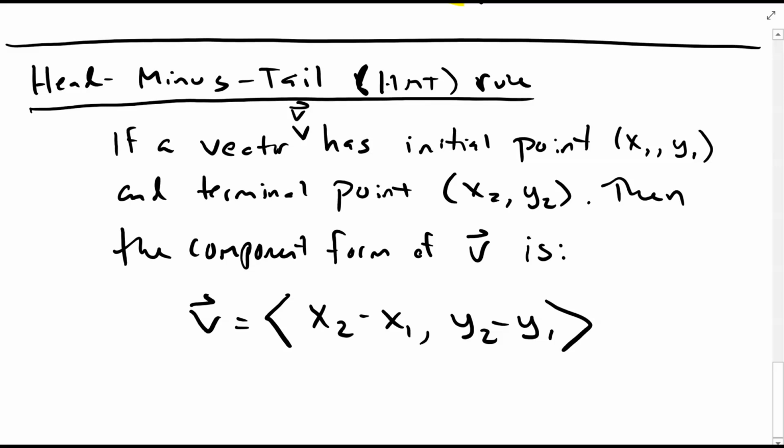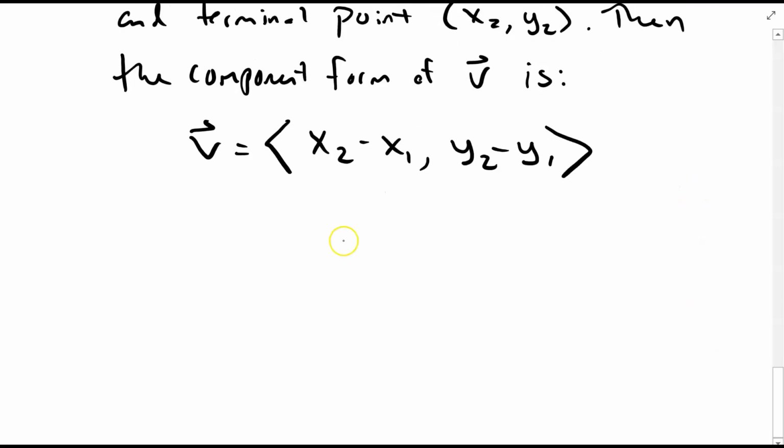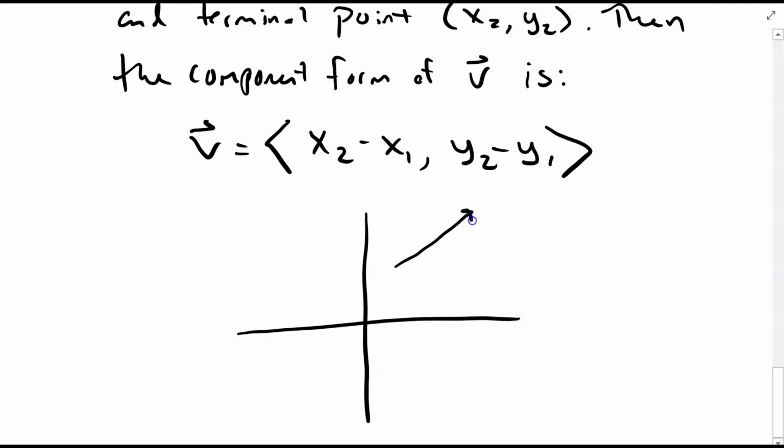So what are we really doing when we're taking that vector and putting it into component form? Let me do something like that. So let's say this is my vector v here.